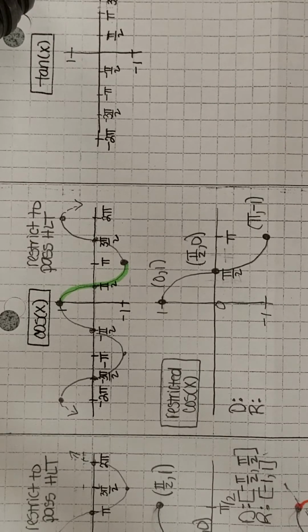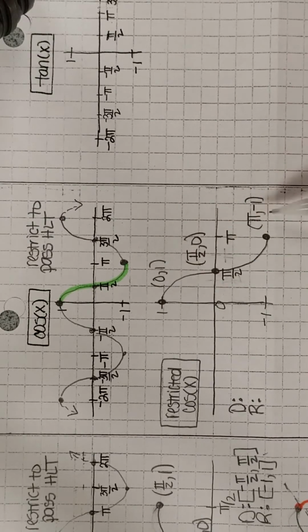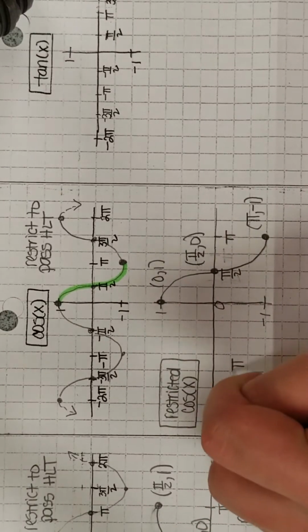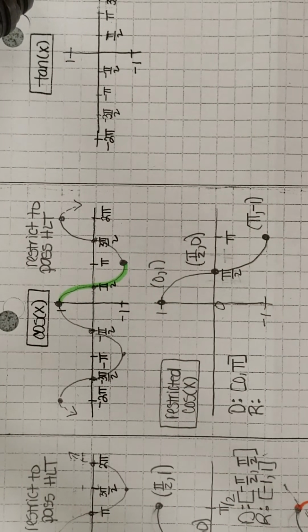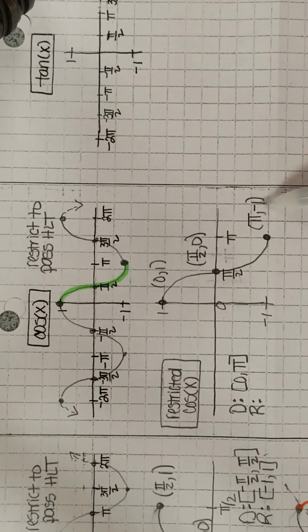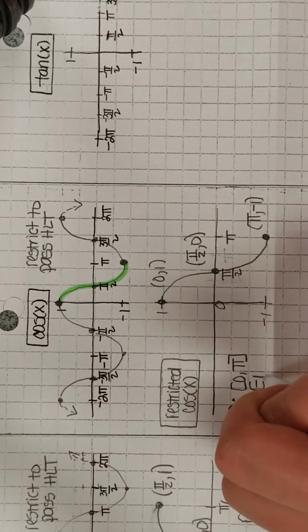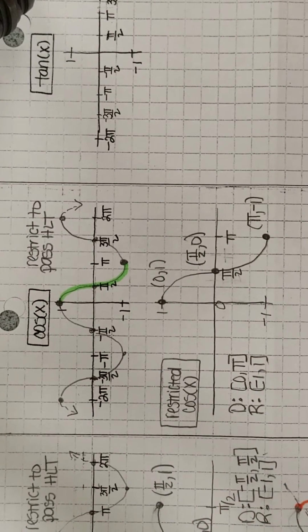Well, looking at my x values, I see that I go from a smallest x value of 0. The largest x value here is pi. So 0 to pi. Then for my y values, my smallest y value is -1. My largest is 1. So I've got my domain and range.